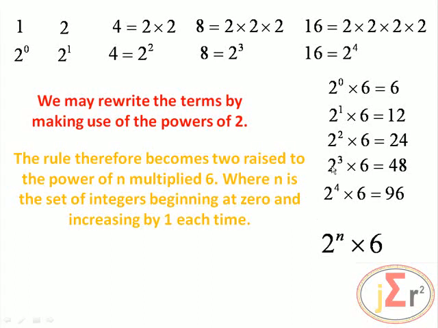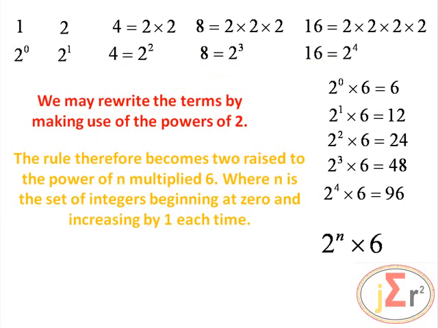We are increasing the power by 1 each time, beginning at 0. And those are the numbers that we are multiplying the basic number by, because the basic building block of all of those patterns is the original pattern that contained 6 blocks. So the algebraic representation of the rule is 2 to the power of n times 6.